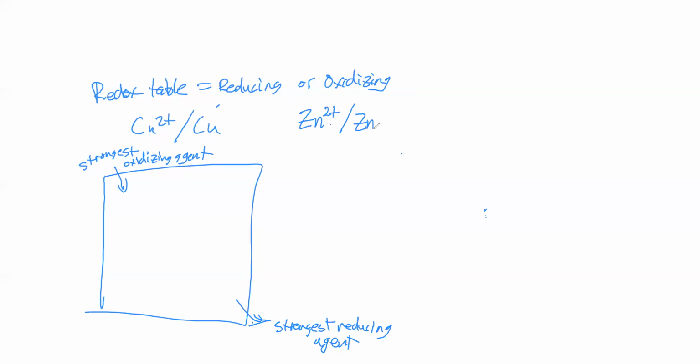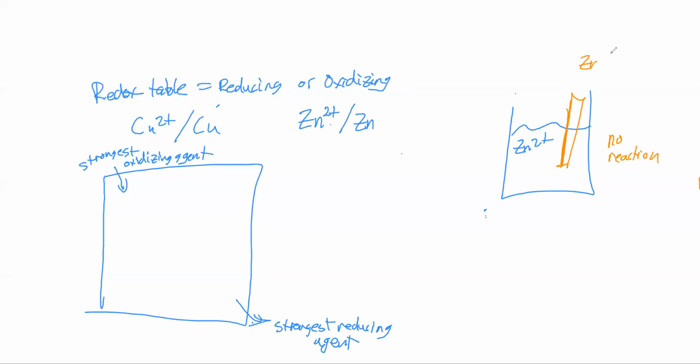Let's say that when we put our zinc in solution and we put a piece of copper inside, if there's no reaction, we know that they have lined themselves up correctly, that we would have zinc 2+ and our copper is solid.